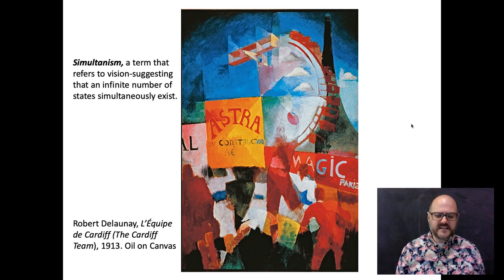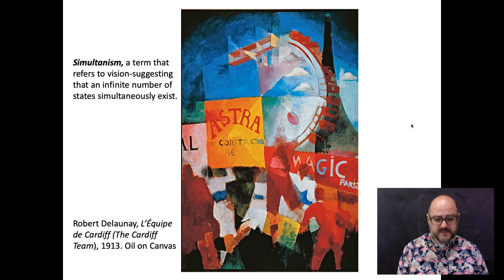So we can even see precursors to modern art in things like Goya's artwork that we looked at before, like the 3rd of May executions, work that is in a way social commentary. But really we start to think about things when there's a lot of advancements and inventions. So in this piece by Robert Delaunay, Robert Delaunay was an artist working in France.